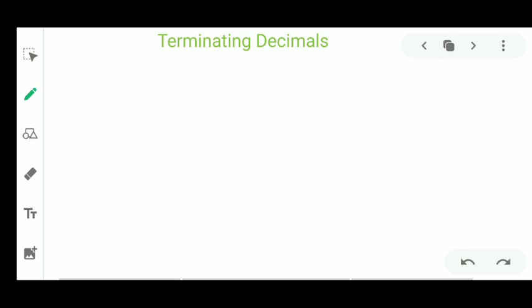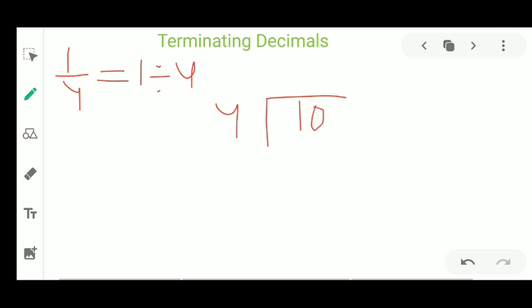Terminating decimal means, if I write 1 by 4, that means 1 divided by 4. So if I divide 1 by 4, what do we get? 1 is smaller than 4, so put a 0 here and a decimal point. 4 twos are 8, 10 minus 8 is 2.